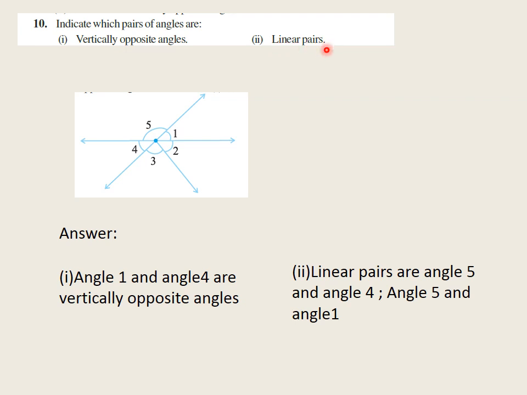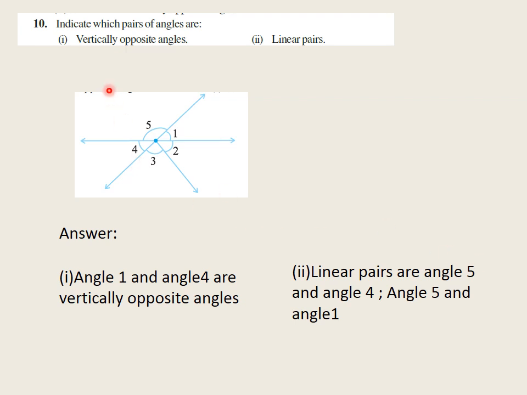Linear pairs. In all these 5 angles, which pair forms a linear pair? Linear pair means they have to be adjacent and sum to 180 degrees.